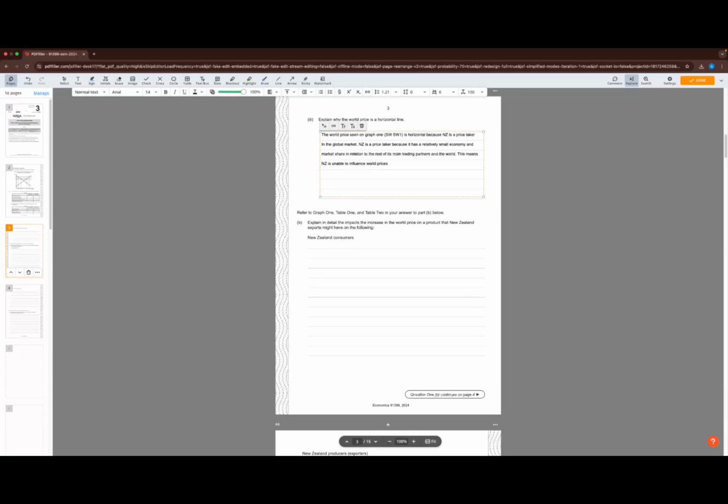We can't have any effect over it, and therefore has to, I've put it in brackets there, so we kind of just have to accept the world price that has been dictated by its trading partners and the global market.